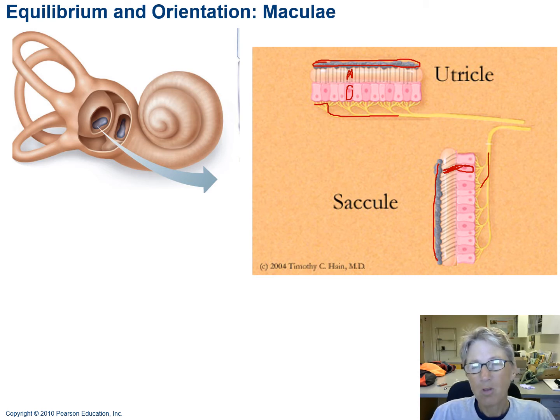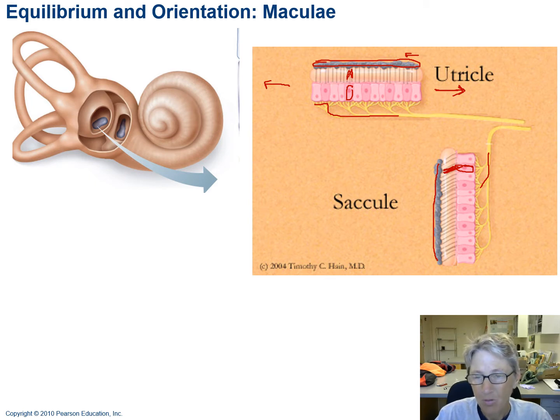So you can imagine if you move this way, to the left or right, this membrane is going to move. If you move this way, the membrane is going to slosh back that way, and that's going to activate the kinocilium.